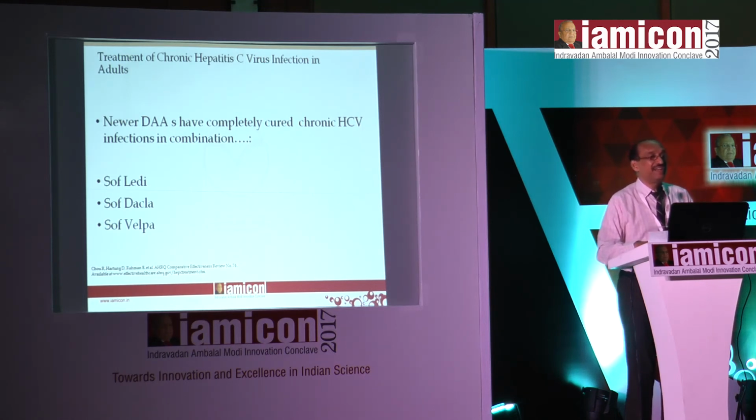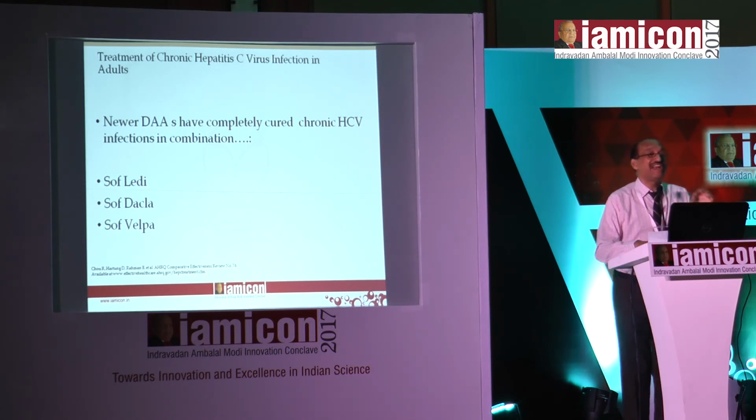And this last week we had our paper presented at the American Association for the Study of Liver Diseases in the US. This was a real-world study where 4 of us joined together and published data of 1,200 patients of hepatitis C treated with DAAs.